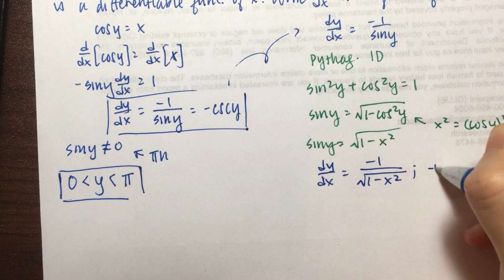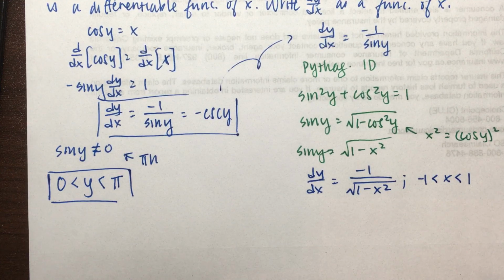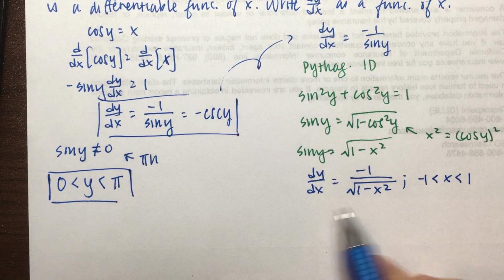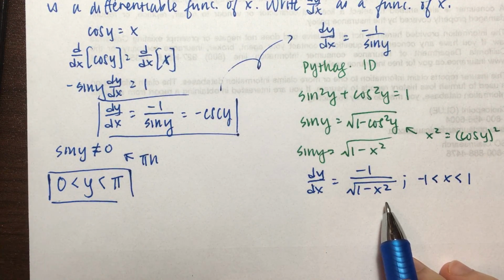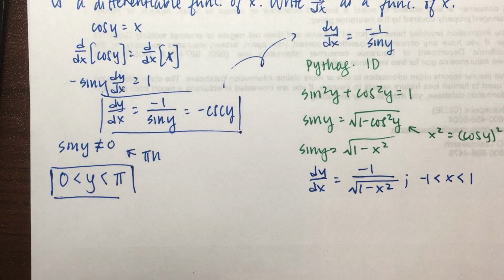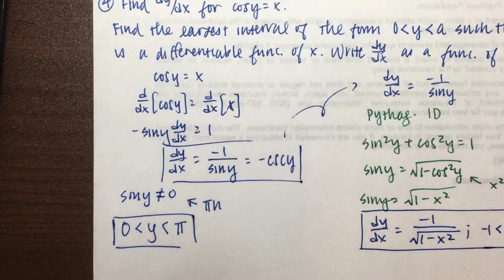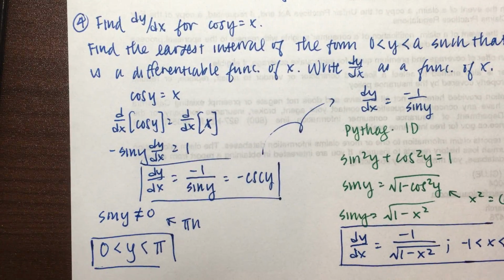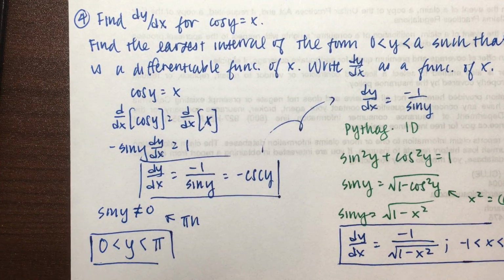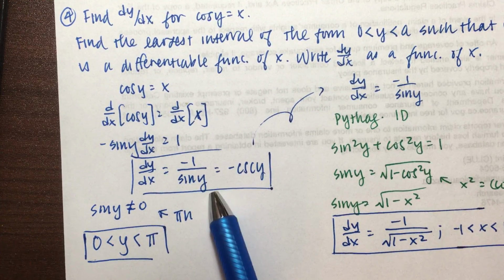Also write the restricted domain, because it has to be a differentiable function. The denominator cannot be 0. So these are the answers to all of the parts of the question. dy/dx for cosine y equals x is negative 1 over sine y.